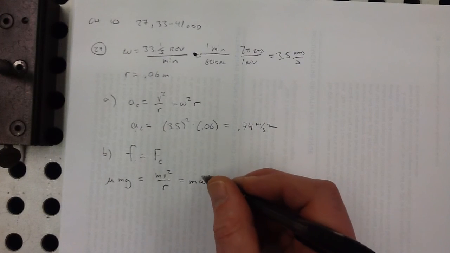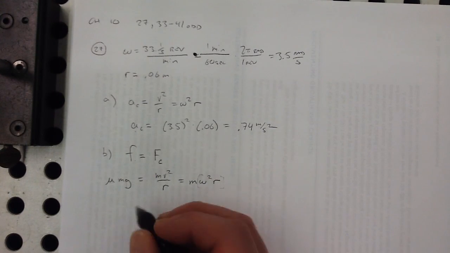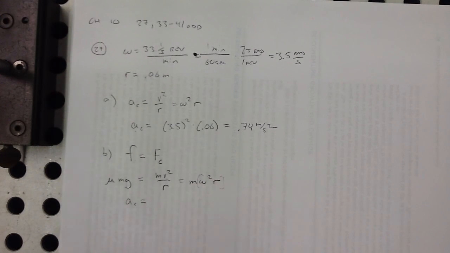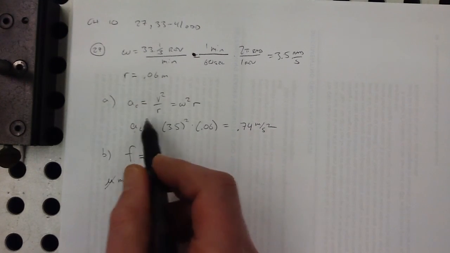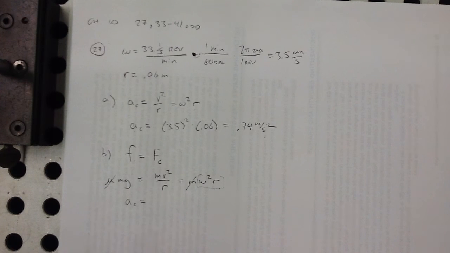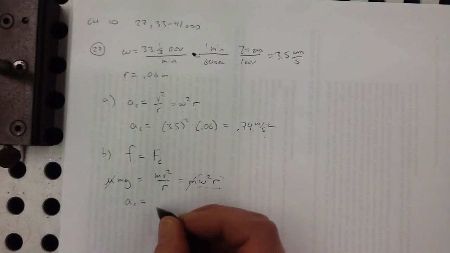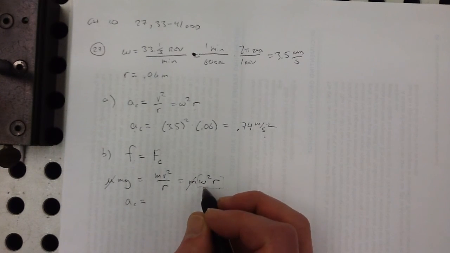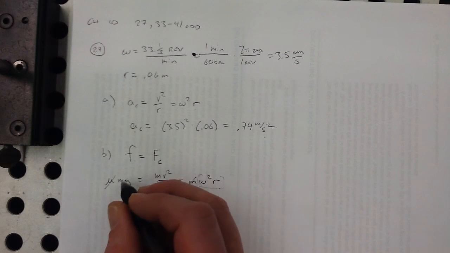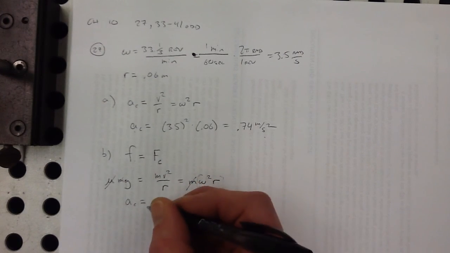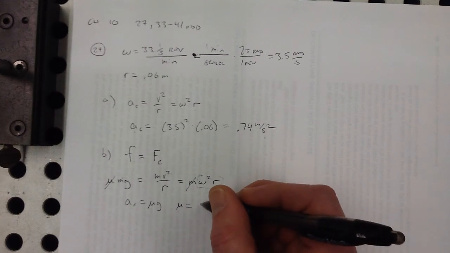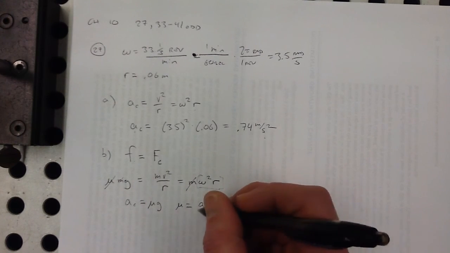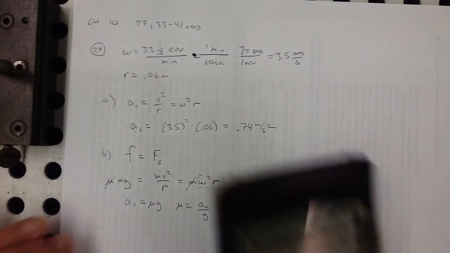Right? Of course, we know what this is, right? So the centripetal acceleration that we found here would have to be equal to mu times g, or mu, in other words, would be the centripetal acceleration over g.